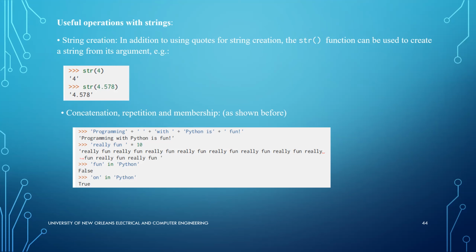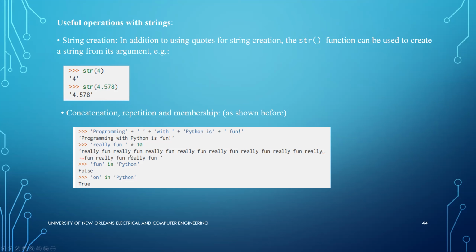Also, for strings, concatenation, repetition, and membership work the same way as we saw before, right? It's very easy to use and implement. And we did this also in one of the first lessons in Python, so that we can see how this is used.